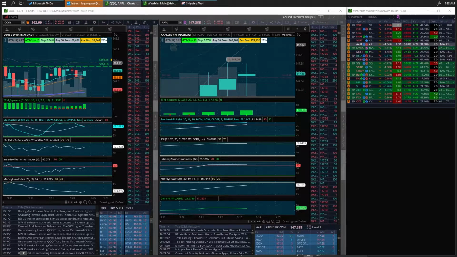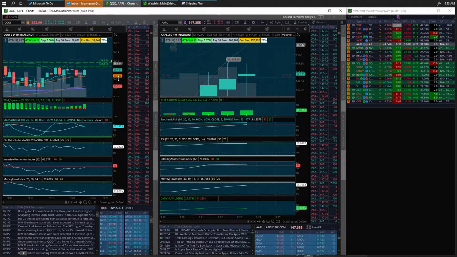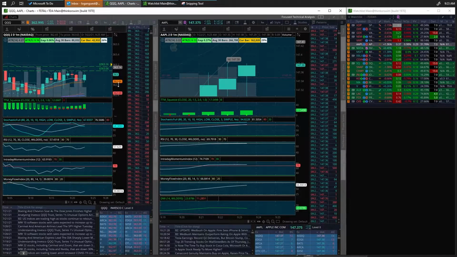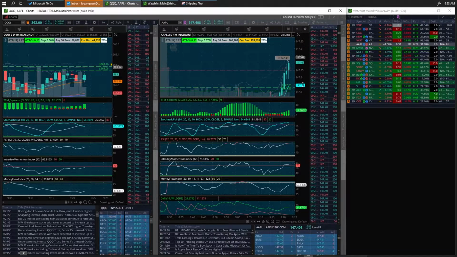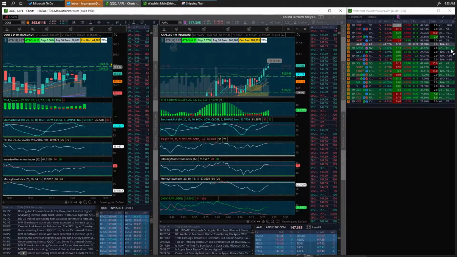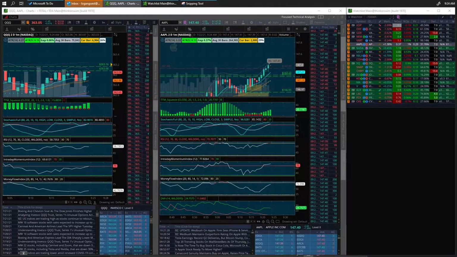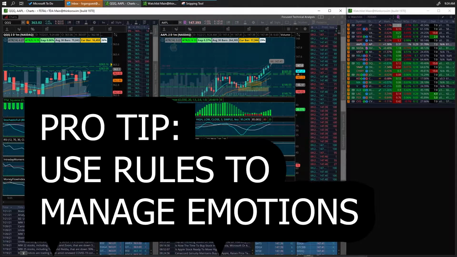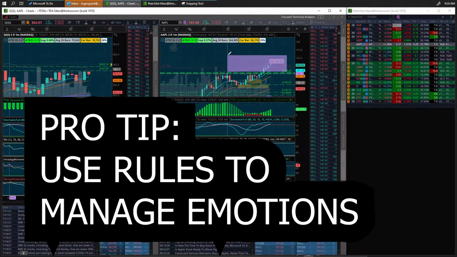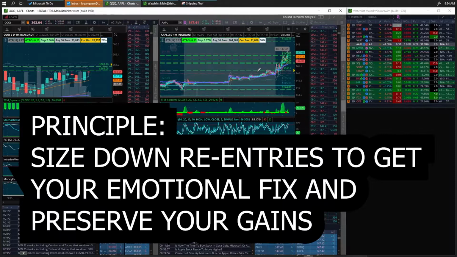Okay, so I do see some more strength in Q. Apple too. So just to satisfy, honestly, the urge to get in on a trade, I like to enter a very small position size.